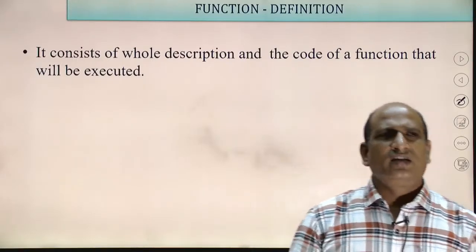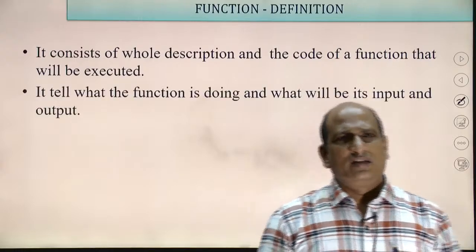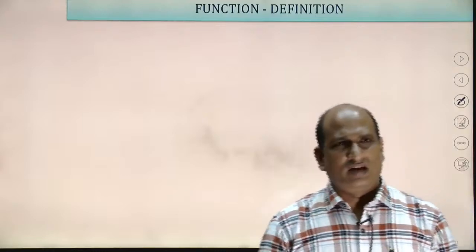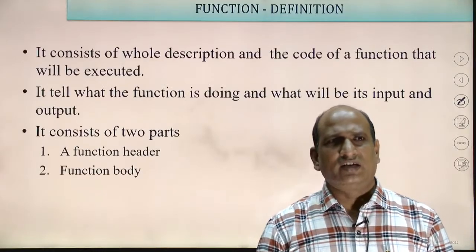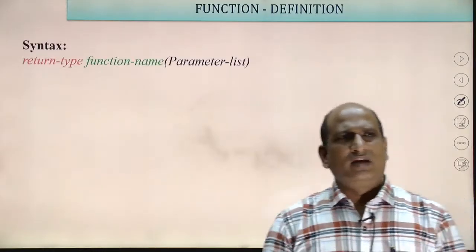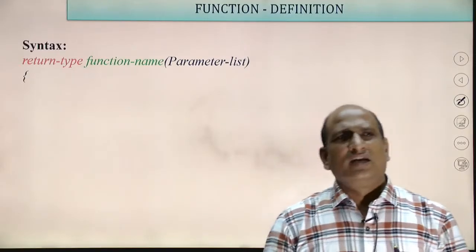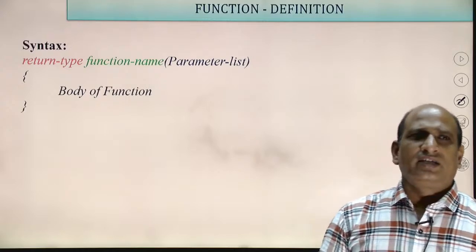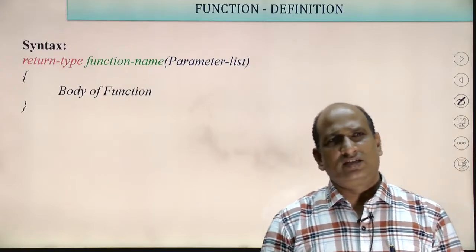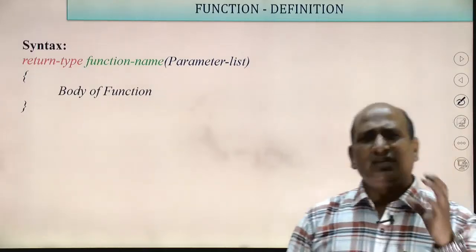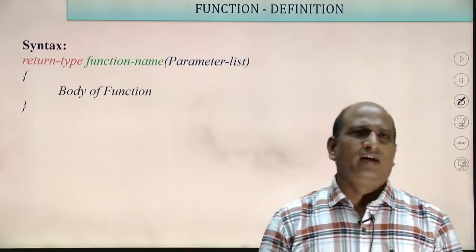The function definition contains these four things: the return type, the function name, the parameter list, and the implementation, that is the body of the function. These four things have to be written to define a function.